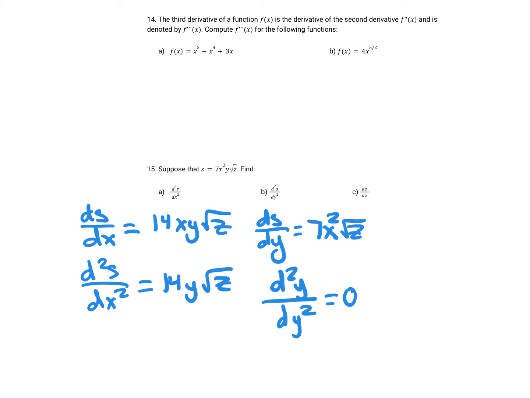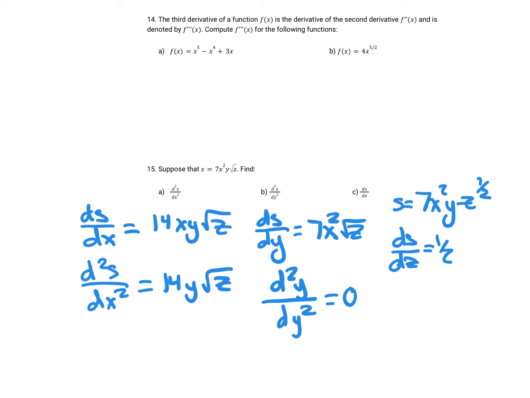All right, the last one has z as our variable. So let's rewrite what s is first, because I don't want that root. If we think of s as 7x squared y z to the 1/2, again, z is my variable here. Everything else we're going to think of as a constant. So ds dz, bring the 1/2 in front.